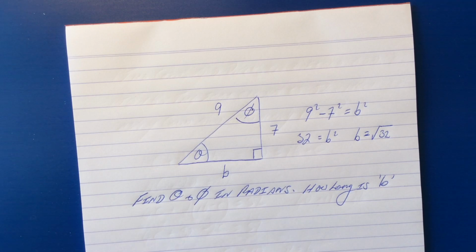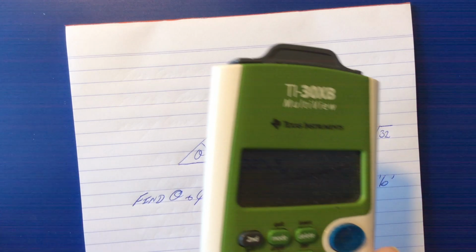If you want to see that as a decimal, it's going to be 5 point something. Let's just find it for you. 5.666, something like that. There we go.